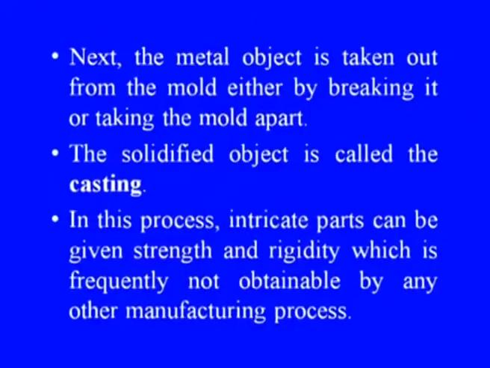The cast, also called material filled inside the mold, is then allowed to solidify. Next, the metal object is taken out from the mold either by breaking it or taking the mold apart.